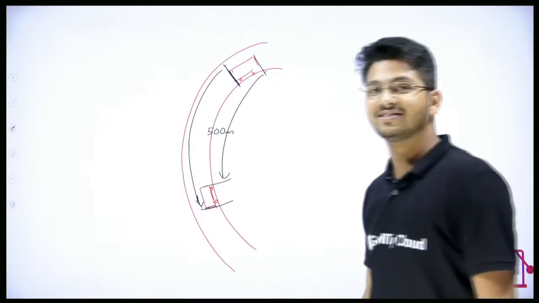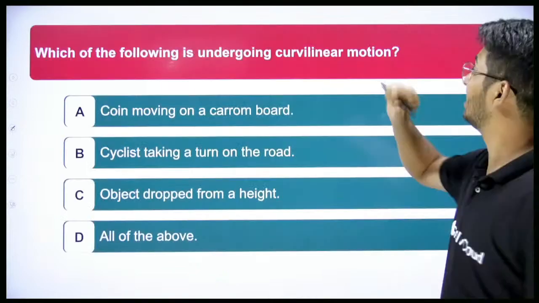In fact, every point of the car will travel 500 meters. Translational motion, yes or no? That's what translational motion means. Every point of the car should translate the same distance. So curvilinear is also a type of translational motion. Now, the following is undergoing curvilinear motion.